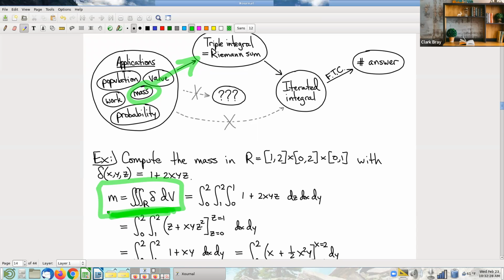The total amount of mass is the sum of what you get when you chop up and get little pieces of mass. So, straight interpretation of a triple integral.